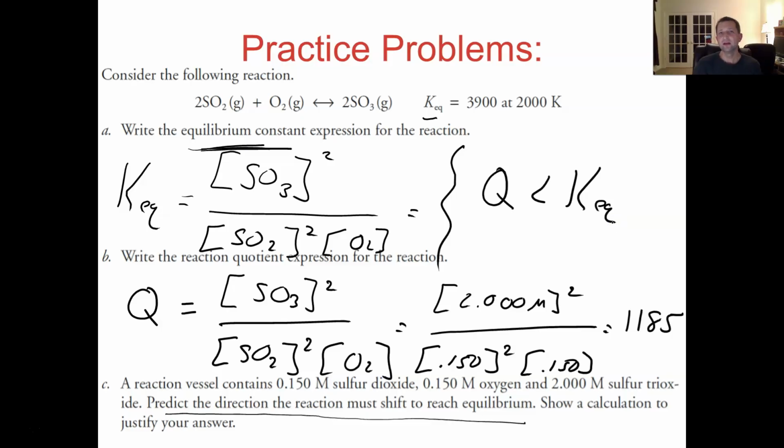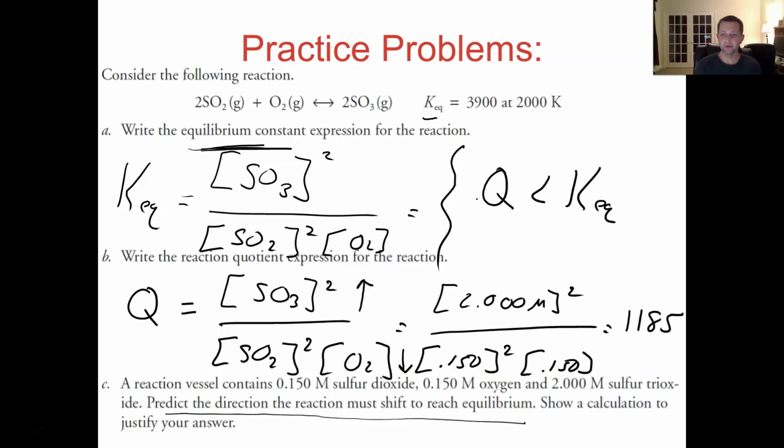Way less. What does that mean? If Q is less than KEQ, we need to take this ratio and make it bigger. So I need to increase my products and decrease my reactants in order to make this ratio Q larger.